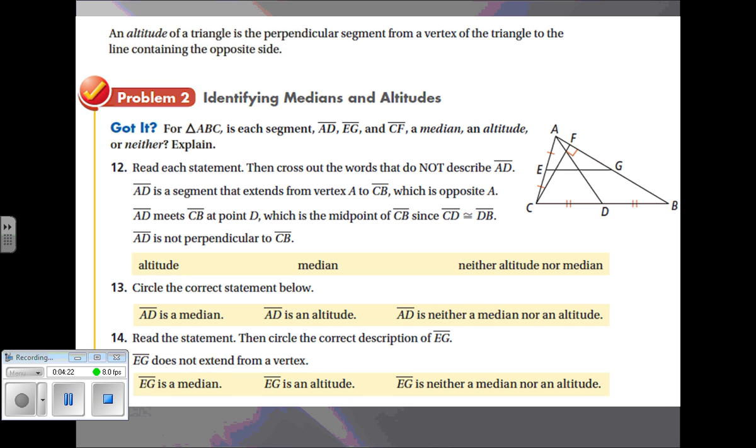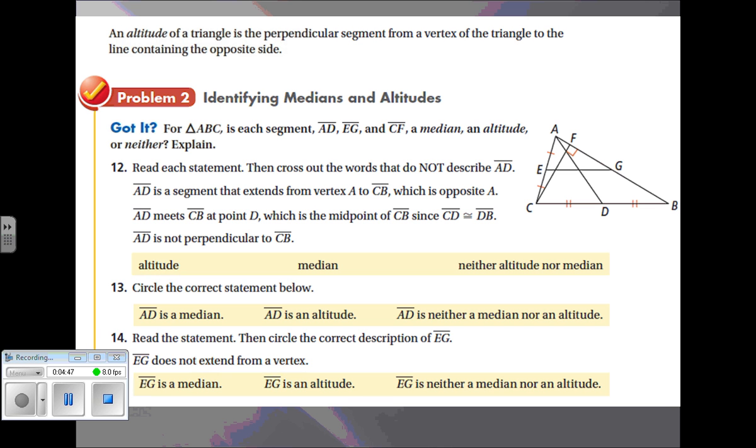So for triangle ABC, is each segment AD, EG, or CF a median and altitude, or neither? Explain. So let's look at AD. It is a segment that extends from vertex A to CB, which is opposite A. AD meets CB at a point D, which is the midpoint of CB.